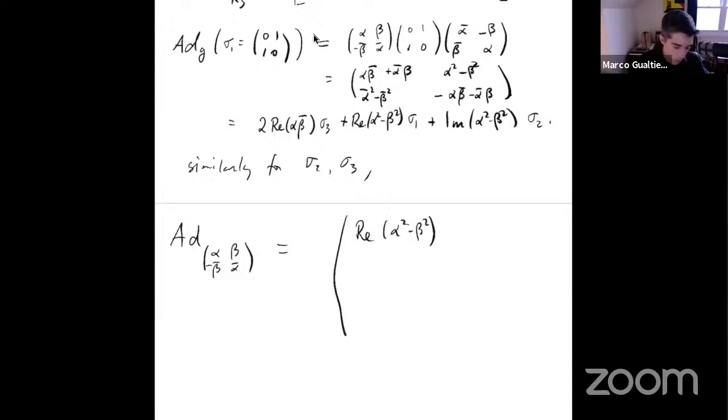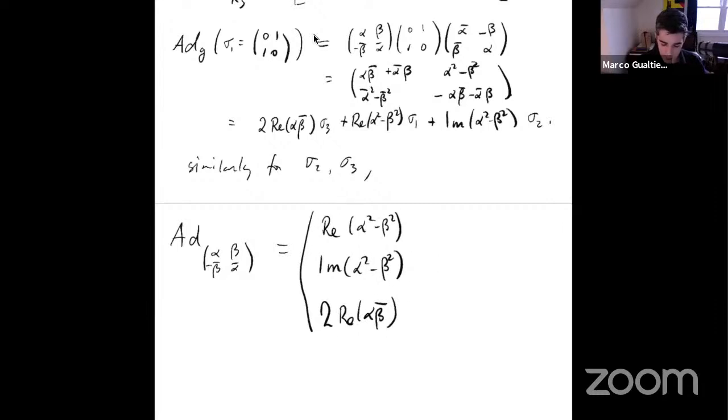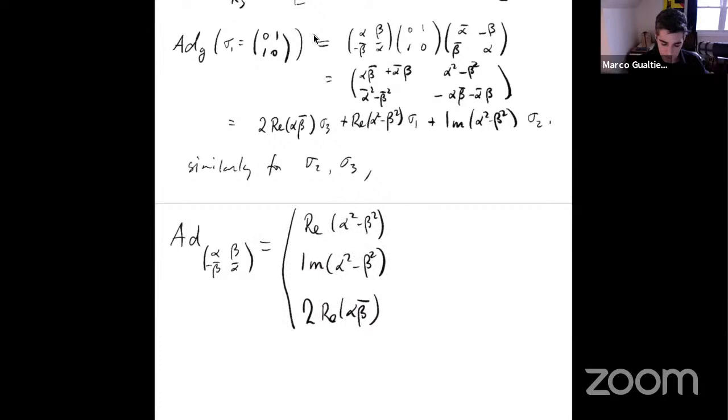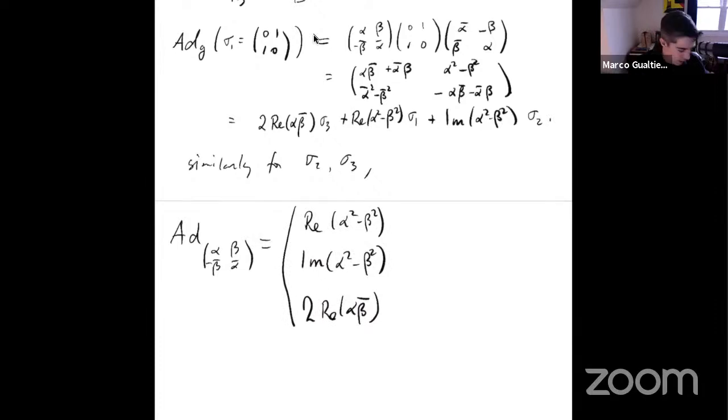Notice that it depends quadratically on the entries of the initial matrix, but this is the representation. So I just want to write this thing out just to show you how non-obvious some of these things end up being, even if they start off being quite obvious.